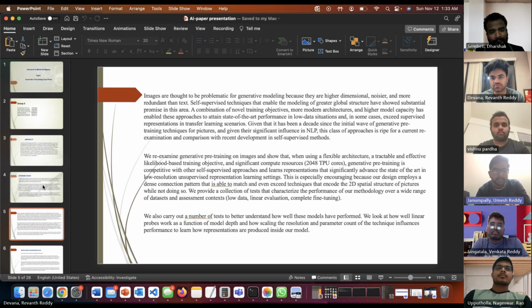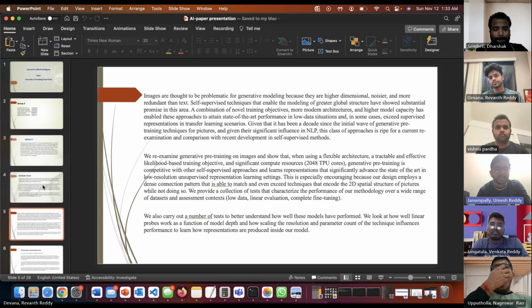This is especially encouraging because our design employs a connection pattern that is able to match and even exceed techniques that encode the 2D spatial structure of pictures.